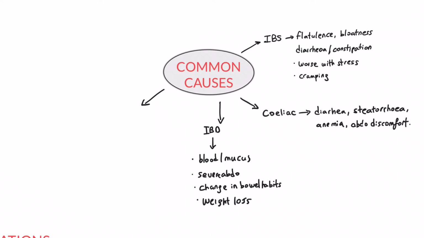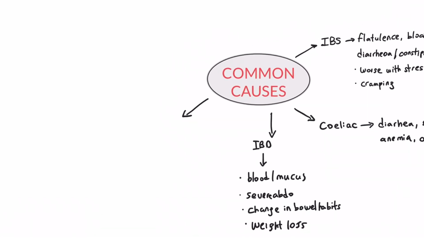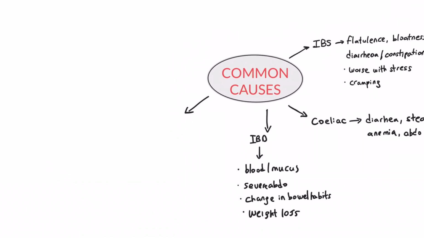Another common cause in primary care is gastroenteritis. This is like a stomach bug, and they will present with acute diarrhea, sometimes lasting a couple of days, even a week.